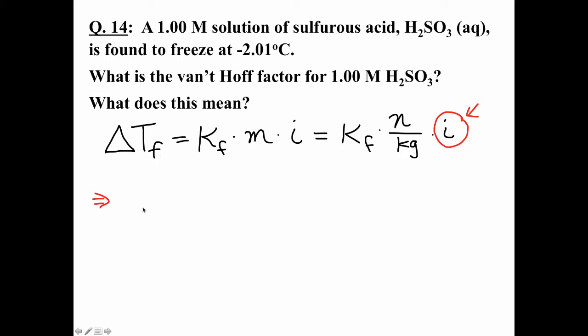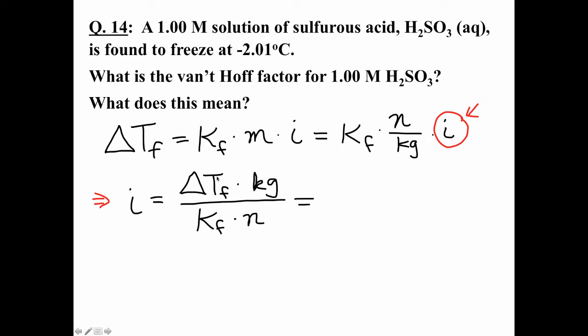And if we do that, what we end up getting is i is equal to the temperature difference, how much the freezing point goes down, times the kilograms of solvent, and divided by the freezing constant as well as the number of moles of solute.